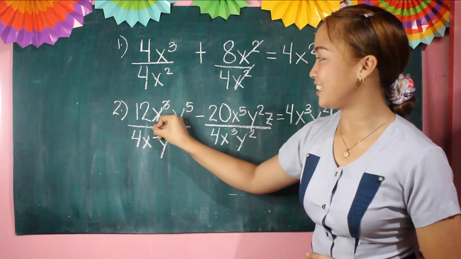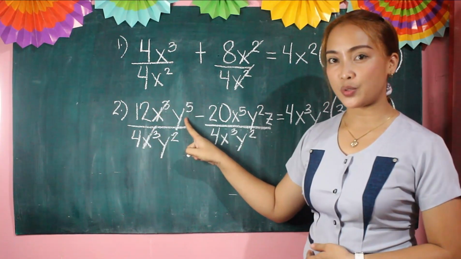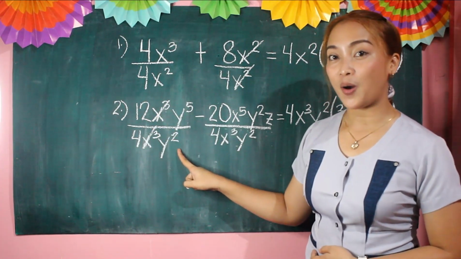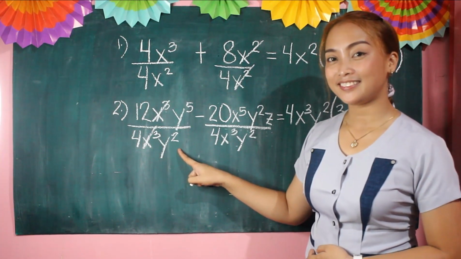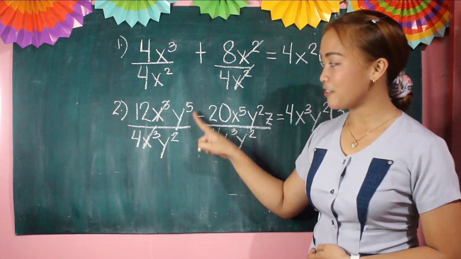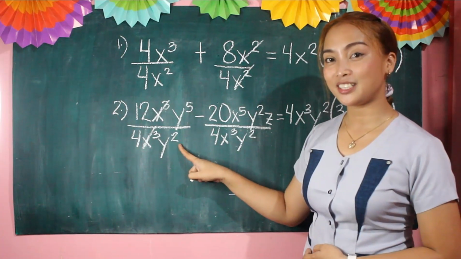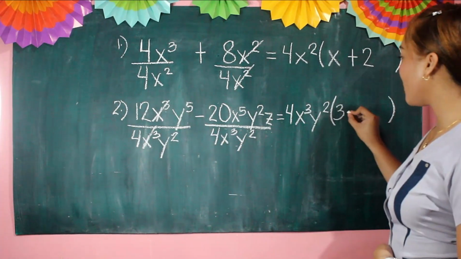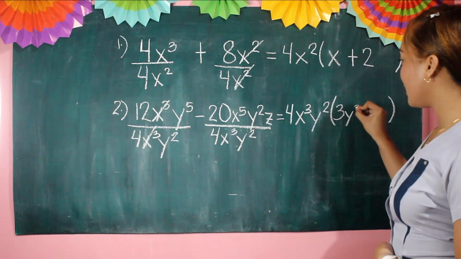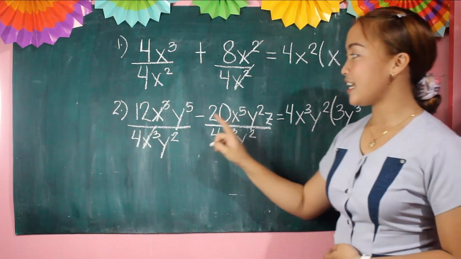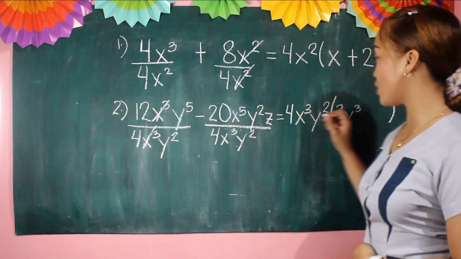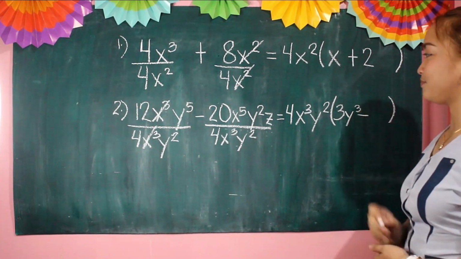Yes, cancel. How about y to the 5th divided by y squared? 5 minus 2 is 3. Therefore, we have y cubed. Next, copy the operation subtraction.